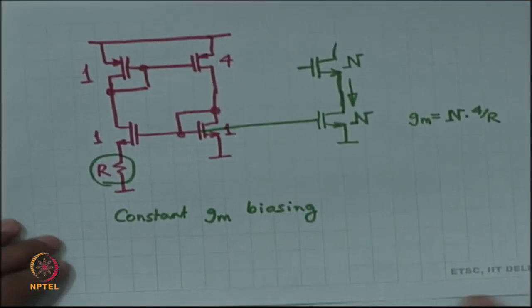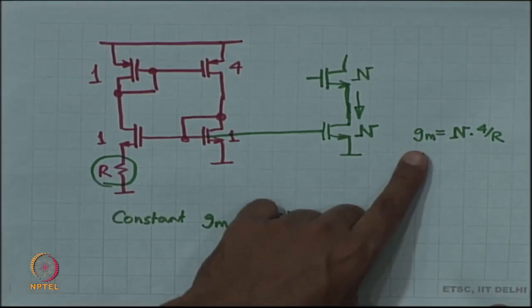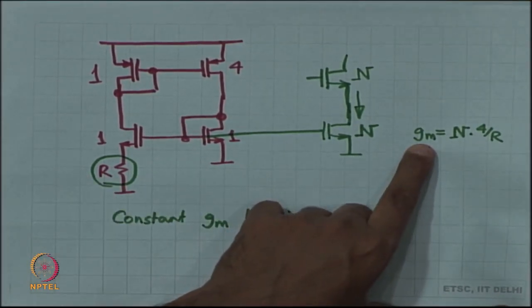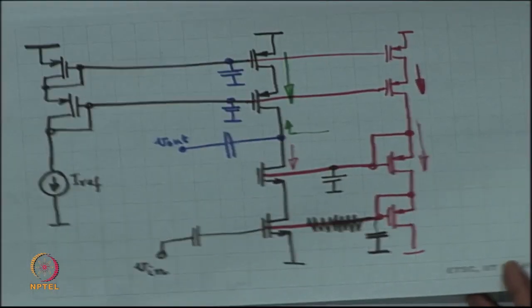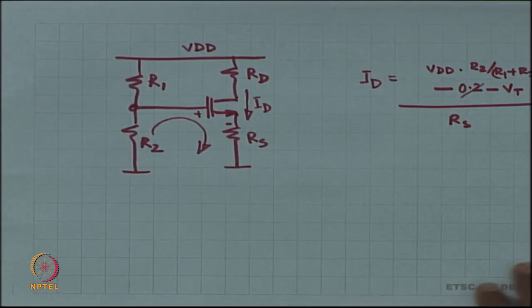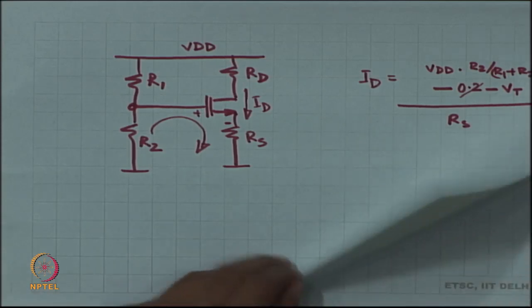Here, with the help of the resistor here, you are fixing the value of not ID, but GM. So, it is similar in the sense that you are trying to fix ID, but not really, you are fixing GM instead over there. Okay.